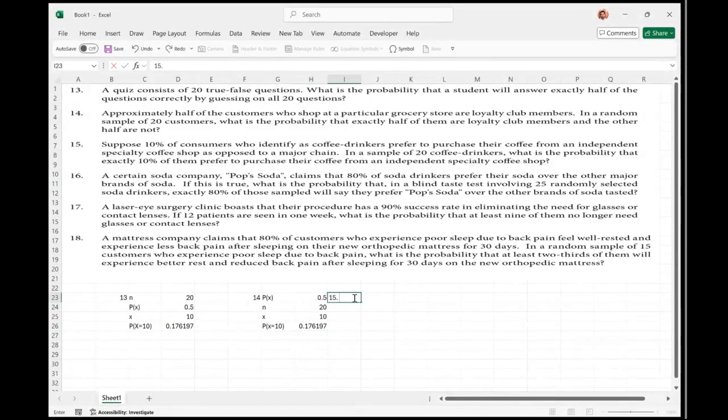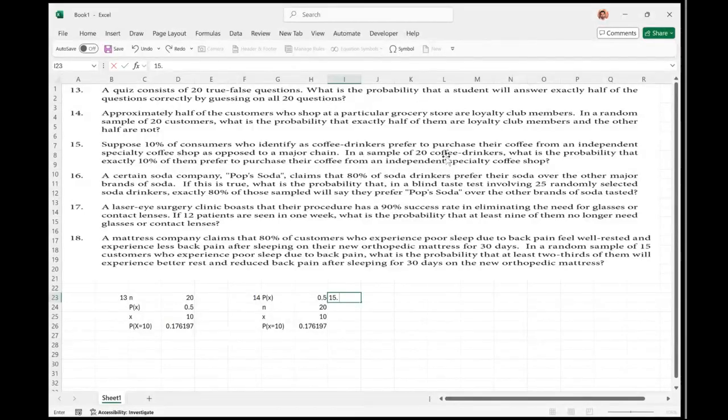In question number 15, we are given, suppose 10% of the customers who identify as coffee drinkers prefer to purchase their coffee from an independent specialty coffee shop as opposed to the other major chains.